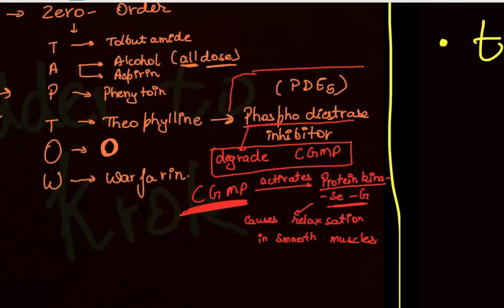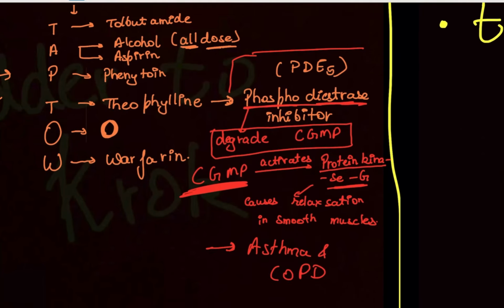So when we take a phosphodiesterase inhibitor, because phosphodiesterase is inhibited, cGMP will increase in the body. Because of that, protein kinase G will increase, and it will cause relaxation in smooth muscles. We use these phosphodiesterase inhibitors, like theophylline, when we need relaxation in smooth muscles, in asthma and COPD, chronic obstructive pulmonary disease.